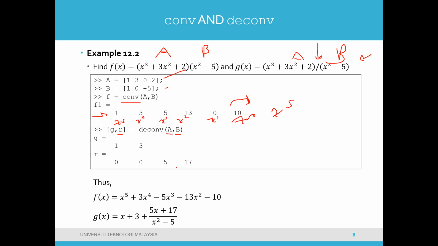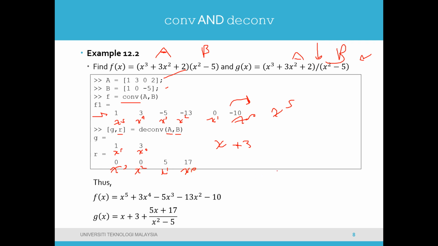So how do you write this in polynomial form? G has two elements, so this is x to the power of 1 and this is x to the power of 0. So x plus 3. How about the remainder? You can see 1, 2, 3, 4, so this is x to the power of 3 because it has 4 elements, 4 minus 1 is 3, then x to the power of 2, x to the power of 1, x to the power of 0.